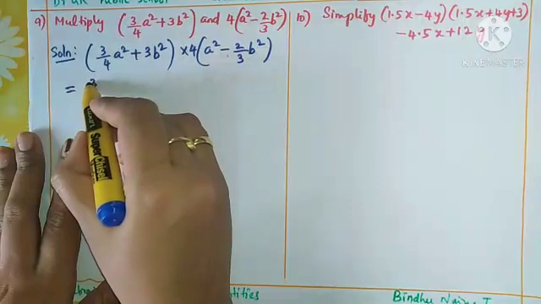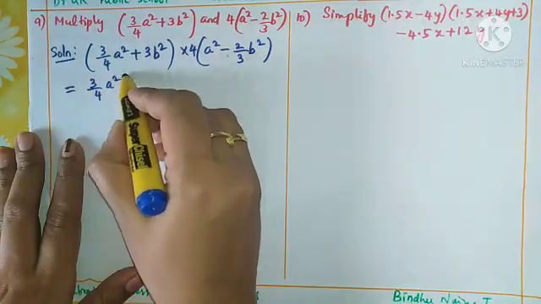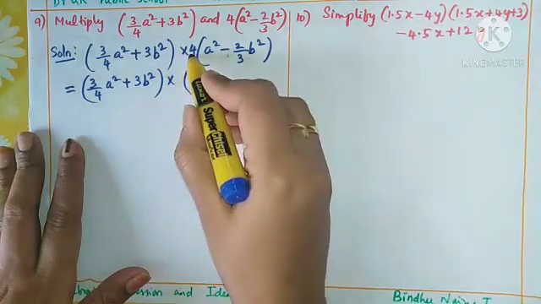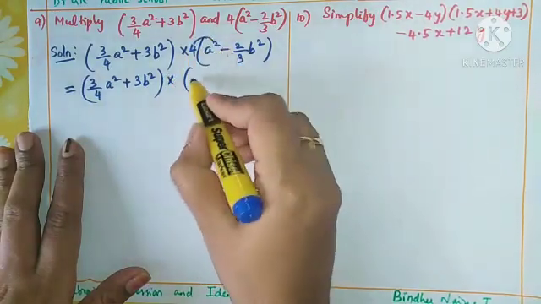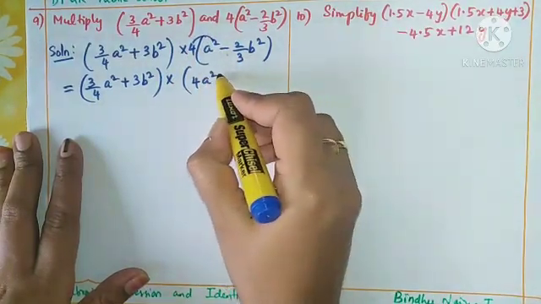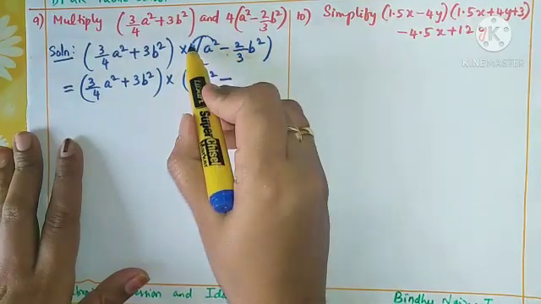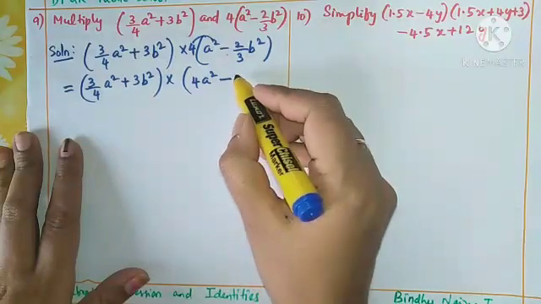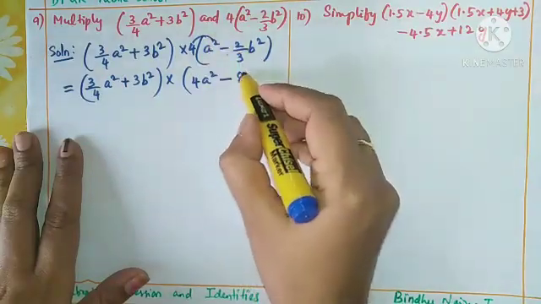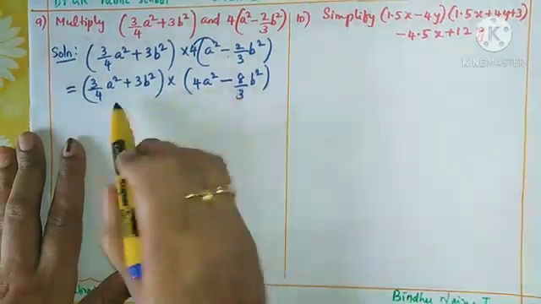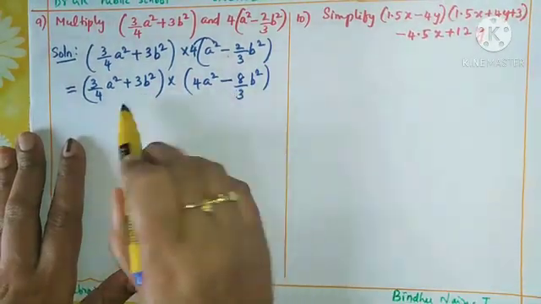So that is 3 by 4A square plus 3B square into 4, you bring multiply. So 4A square minus 4 minus 2 by 3. Okay, 4 into minus 2. So minus 4 into 2, 8 by 3 B square. Do it carefully. Now we made this in binomial form.